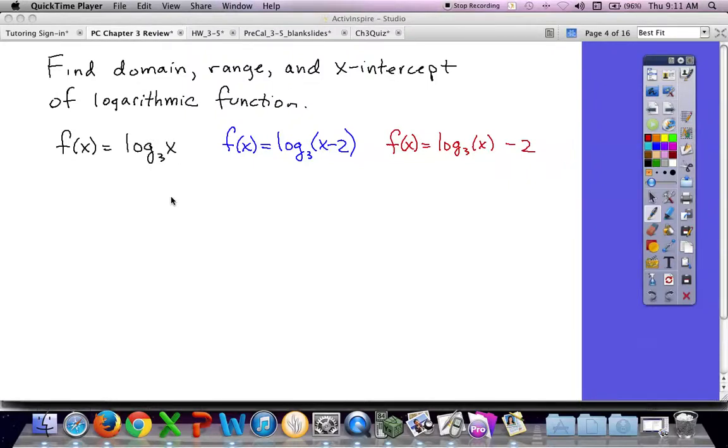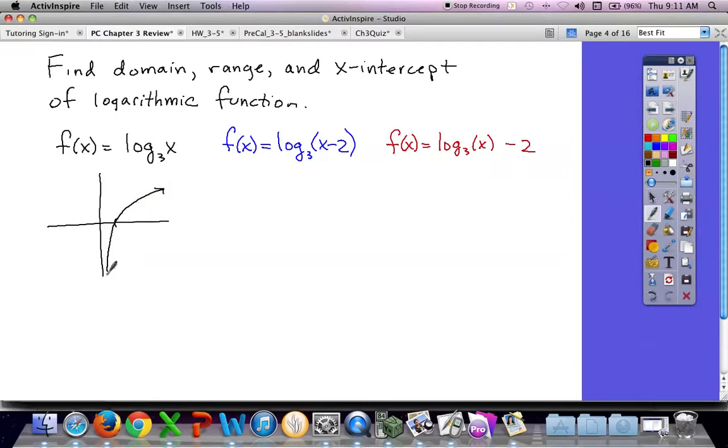Okay, so find domain and range x-intercepts, right? Both of them say the same thing. We know the basic logarithm looks like this, right?